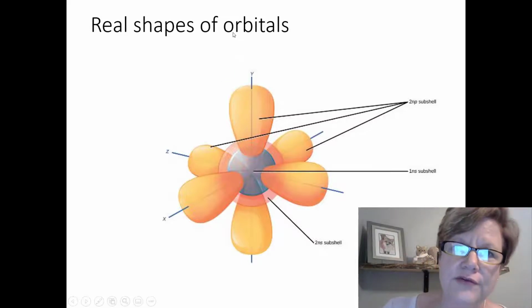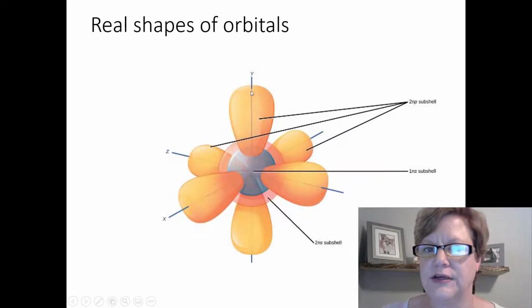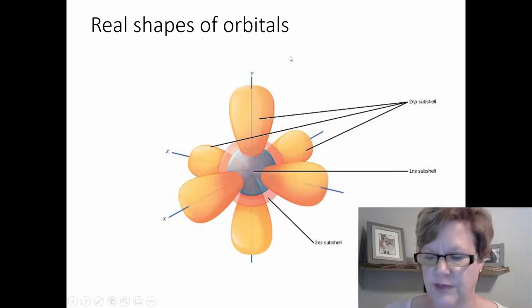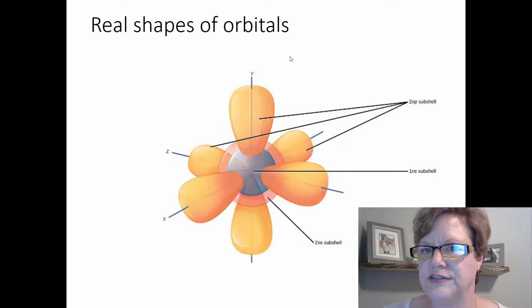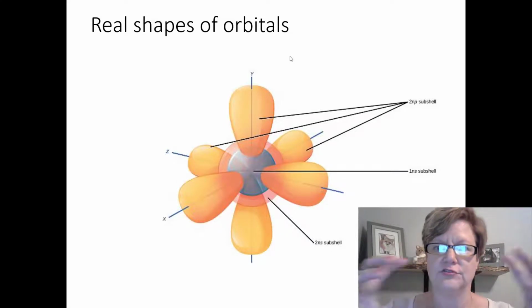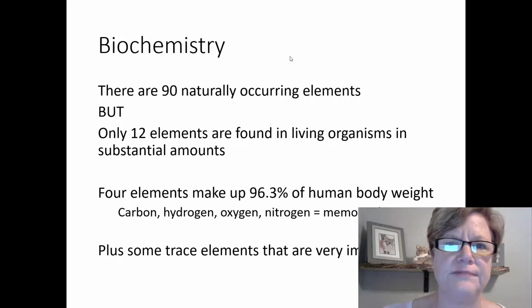I don't care that you know what the real shapes of the orbitals are, except I don't want you to get to chemistry and be totally shocked when they tell you the truth about how the electrons move at these different levels. So for us, it's not important, but for chemistry, it becomes pretty important. So I'm just flashing this in front of you to show you that the real shapes of the orbitals are not just circles. All right, but we're fine to leave it at that.